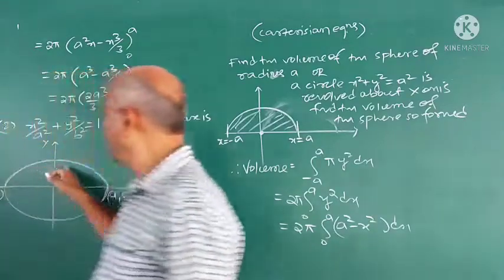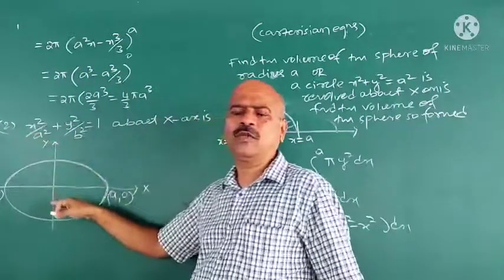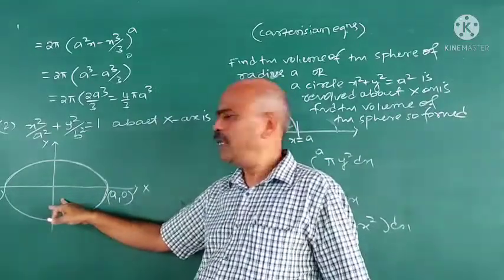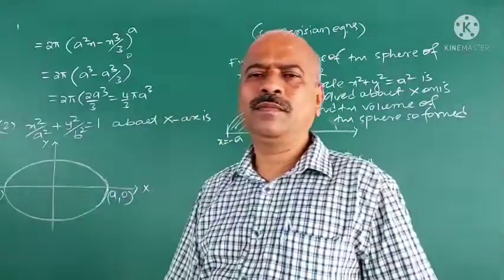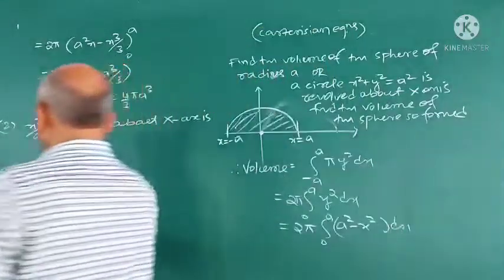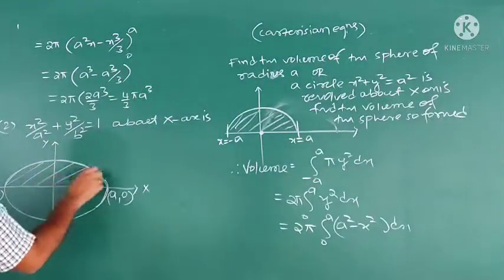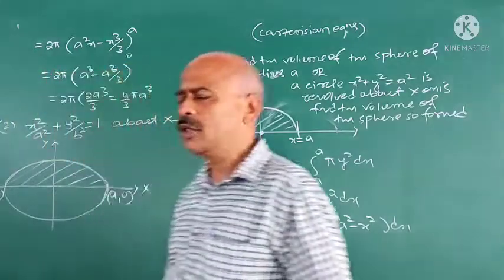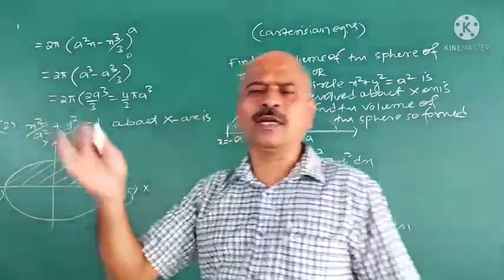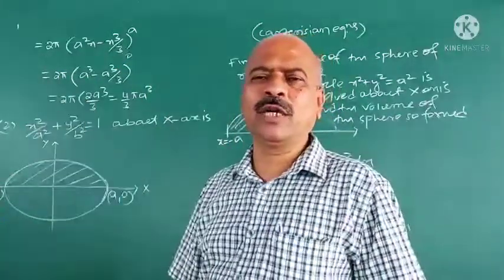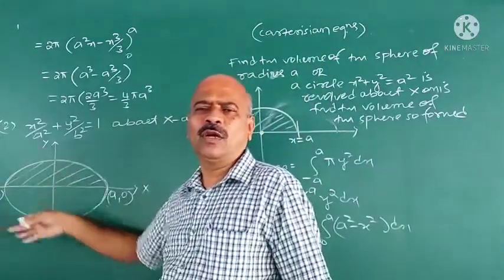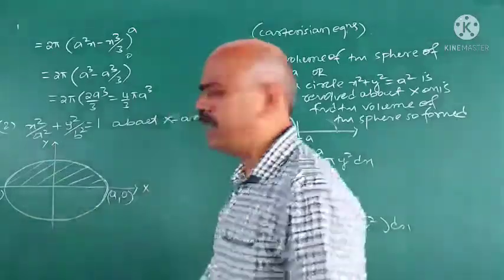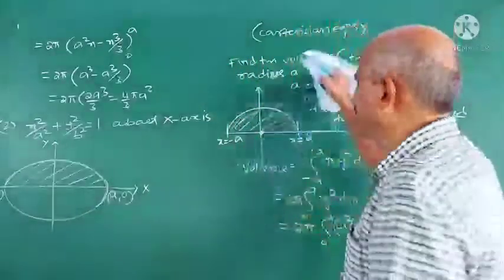Now, if the ellipse is revolved about the x axis, we get one solid. If it is revolved about the y axis, we will get a different solid. But the question is, the ellipse is revolved about the x axis. So, when the complete ellipse is revolved about the x axis, or only the upper half of the ellipse is revolved about the x axis, we will get the same solid. That is important. Same solid.